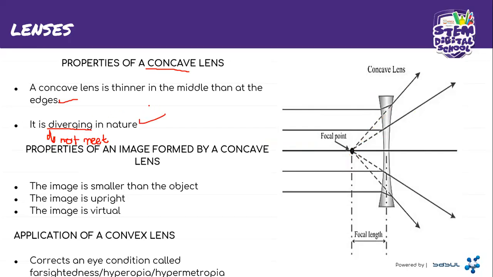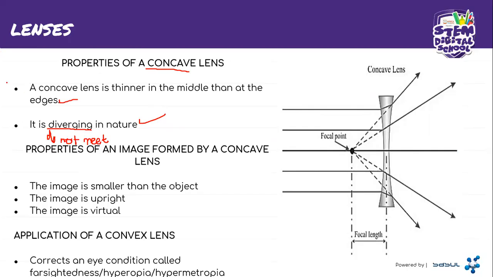And my dear learners, we will ask you these properties. And remember, these properties of a concave lens and a convex lens are actually what make these lenses different. So if I also asked you the differences between a convex lens and a concave lens, you can give the different properties of a convex lens with that of a concave lens. But when you give the differences, my dear learners, obviously you must compare similar items.